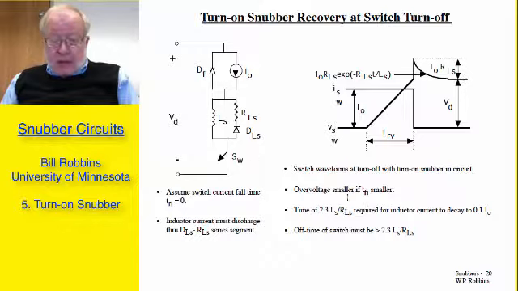That transition time is about 2.3 time constants, given here, which means you want to make sure that the off time of the switch is greater than that time constant.